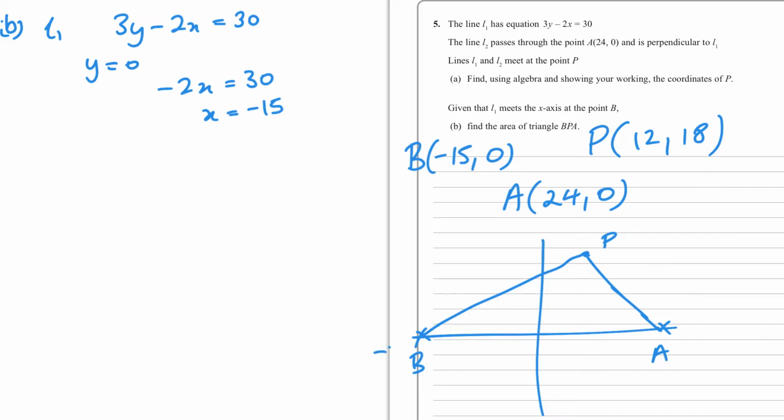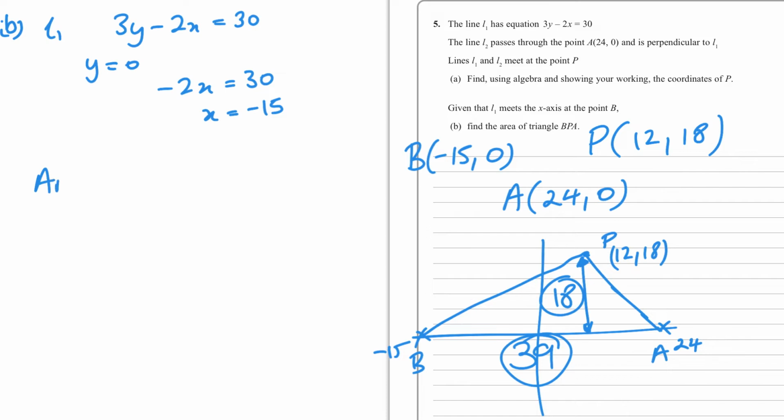Now, I know that this is -15 and this is 24. That means that this base has a distance of 39. We also know that this height, since (12, 18) is the coordinates of P, is going to be a height of 18.